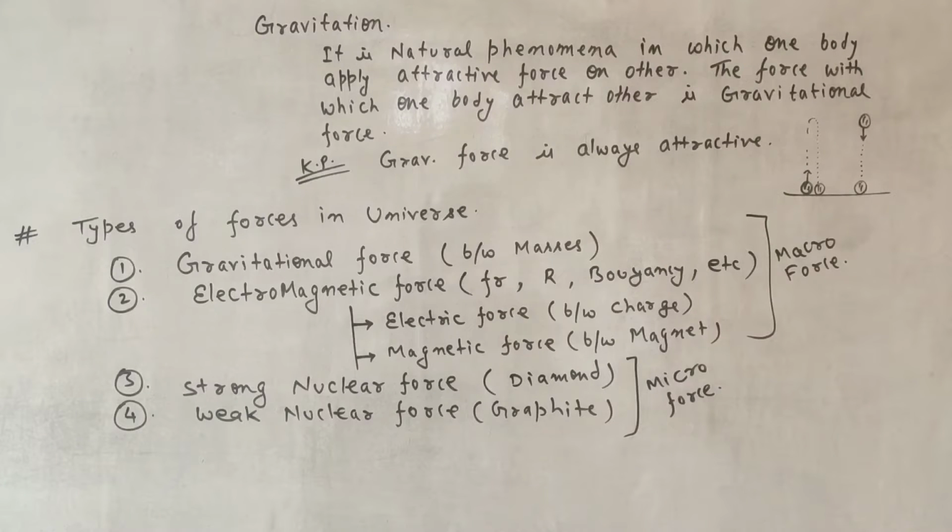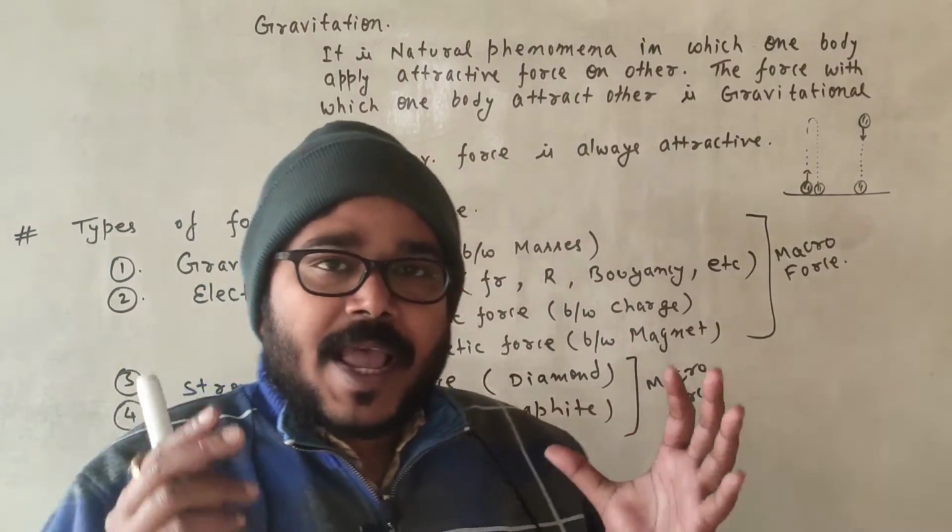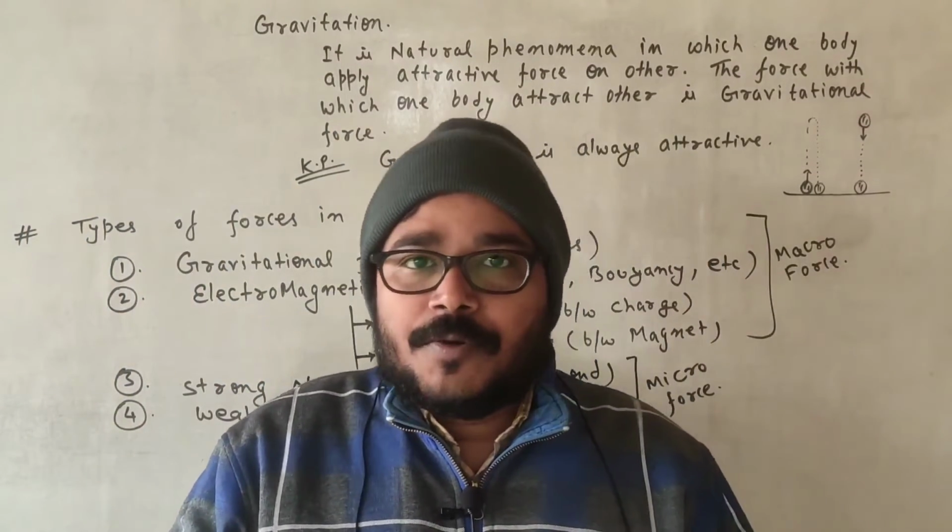What is the reason behind this toughness or hardness? The reason is a strong binding force, a strong nuclear force. What is nuclear force? Nuclear force is the force acting between nucleons.